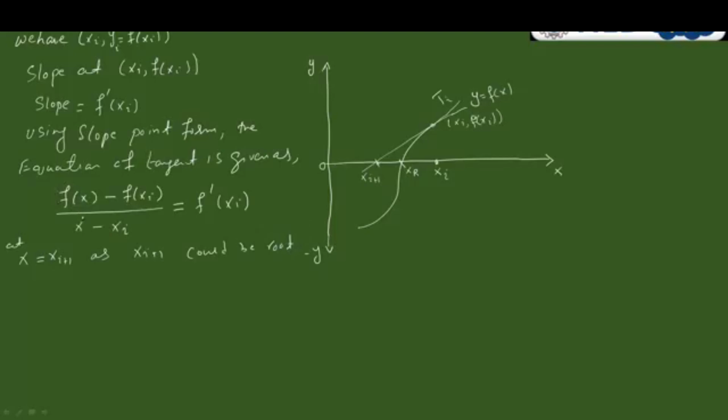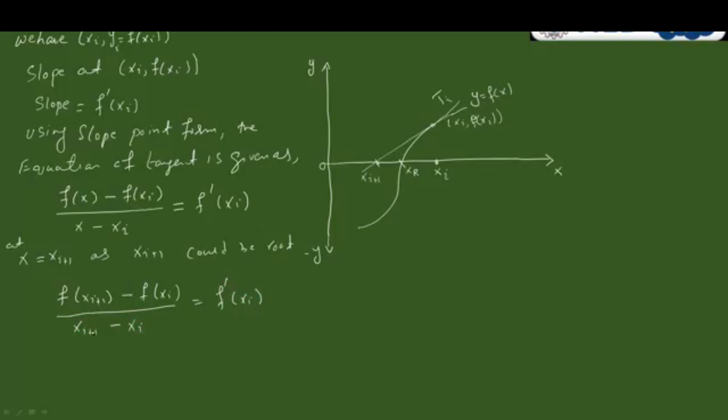Because this is the equation of a line and this intercept point lies on the line, it must satisfy this equation. So if I compute this quantity, f of xi plus 1, I have just put xi plus 1 in place of xi. That is the only thing I have done. Xi plus 1 minus xi is equal to f dash of xi.